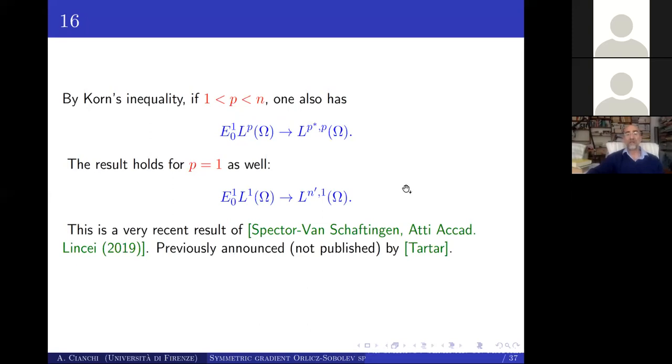And let me mention that differently from the other ones, this result is a very recent one, just 2 years old. And this is due, it's quite a remarkable result in my opinion, to Daniel Spector and Jean Van Schaftingen. Although the same result was announced some years ago in a seminar, but as far as I know never published, by Luc Tartar.